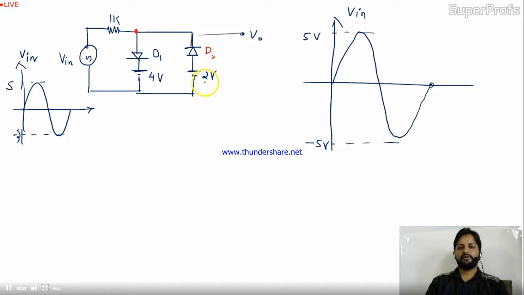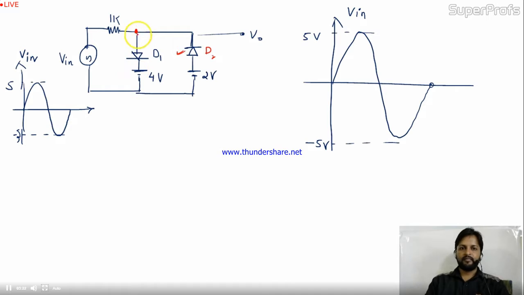What about diode D2? For diode D2 to conduct, the voltage here should be less than 2. If this potential is higher than 2, the diode D2 will be in reverse bias. If this voltage is less than 4 volt, D1 will be in reverse bias. So one by one we'll observe the conditions.